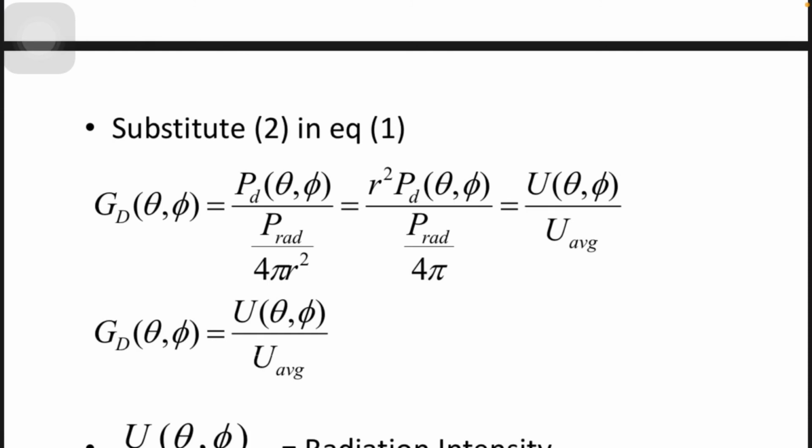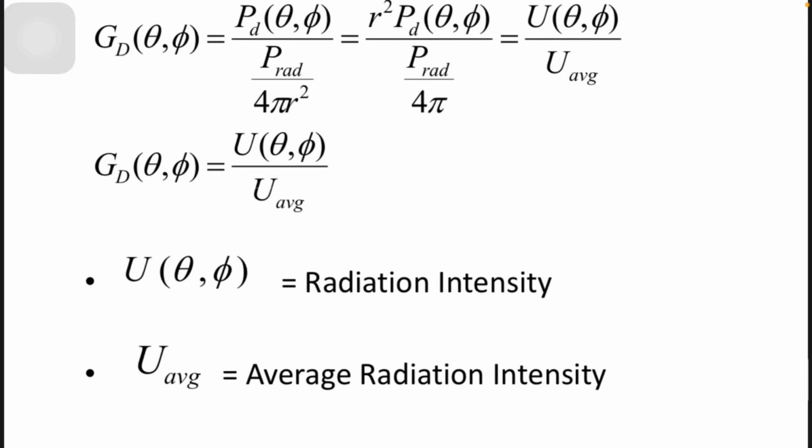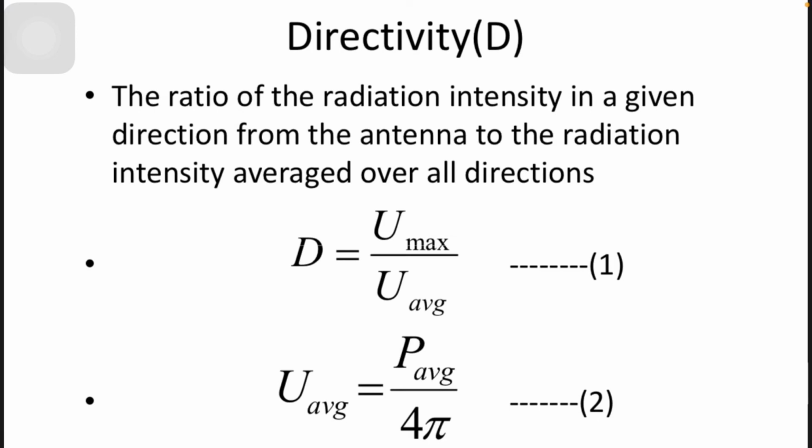If P radial by 4 pi equals U average, then r squared Pd(theta, phi) equals U(theta, phi), so Gd(theta, phi) equals U(theta, phi) by U average. Here U(theta, phi) equals radiation intensity and U average equals average radiation intensity.